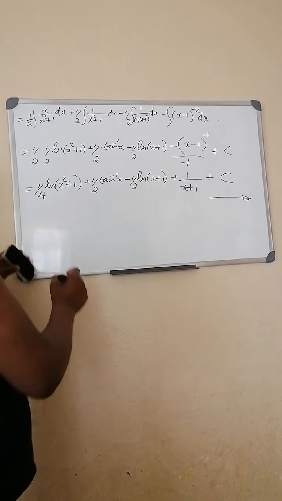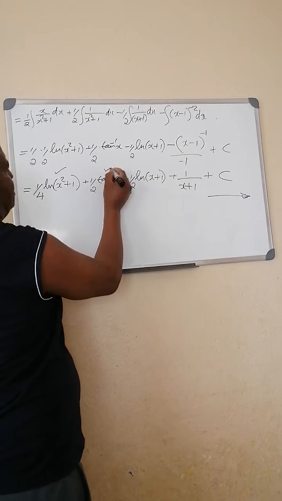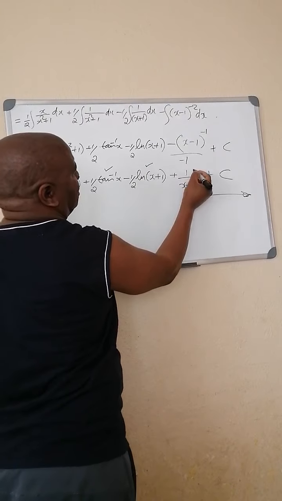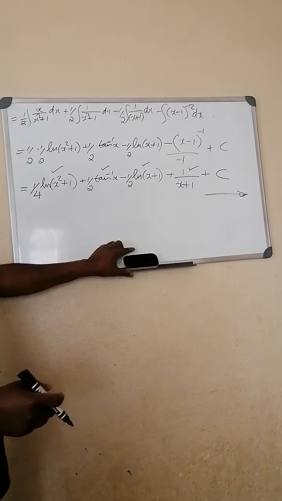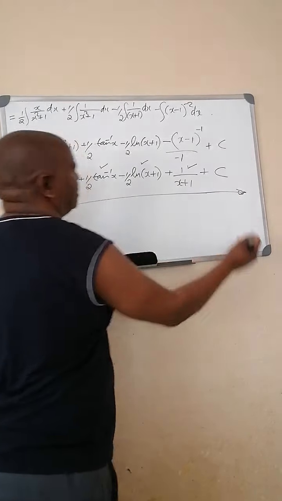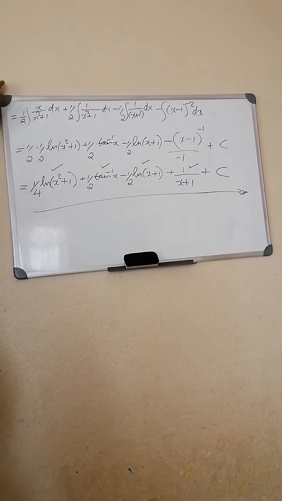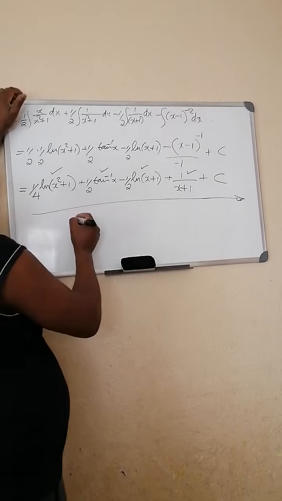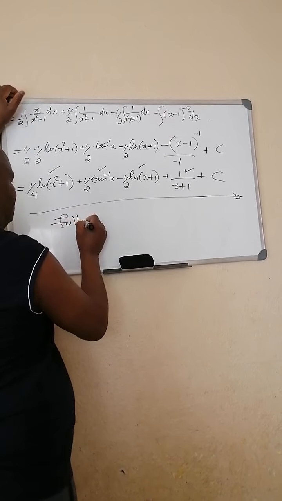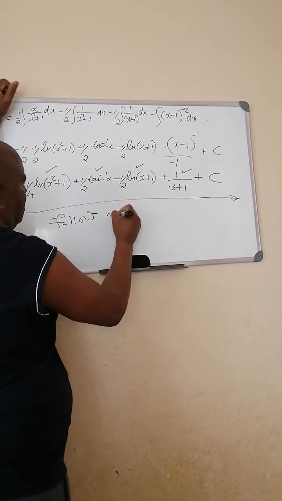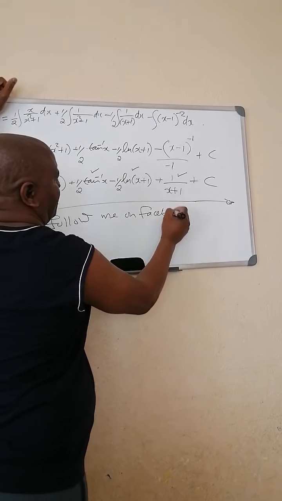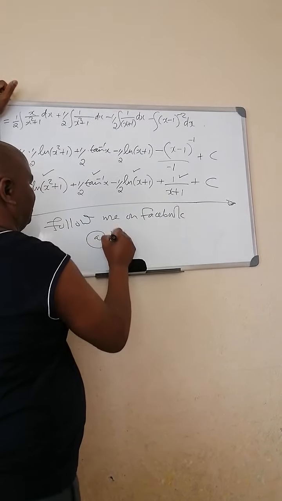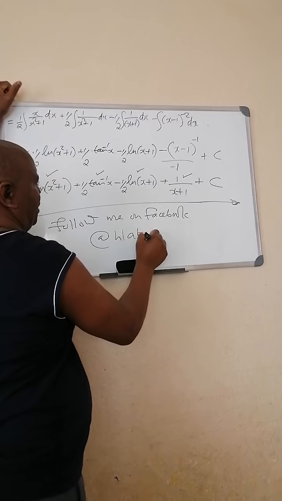Now this must be your integral there. So you see, you need to be working very, very closely. And that must be your integral. So for more of this, I will say you can always follow me there.